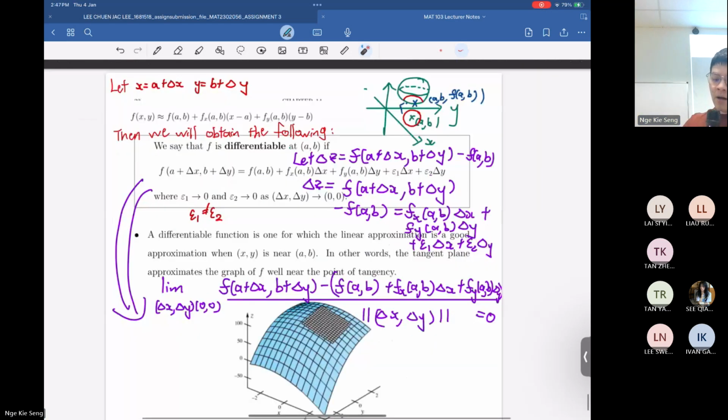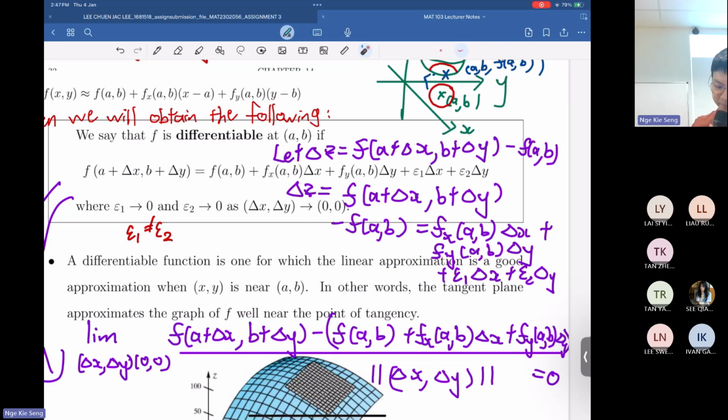That's why when delta x and delta y get to 0, meaning you get as close as possible to the point where you have your tangent plane, the difference between the tangent plane, the linear approximation, and the actual point will get smaller and smaller, controlled by this epsilon.